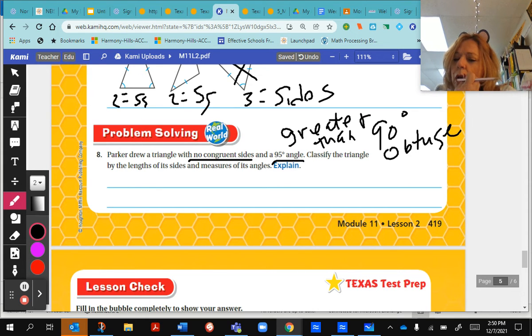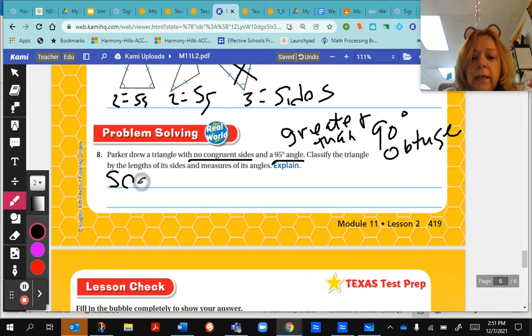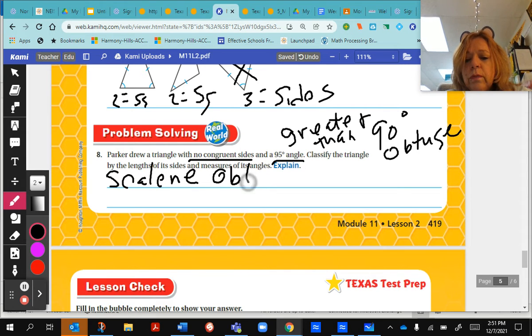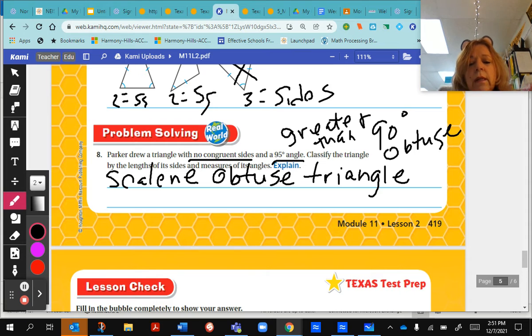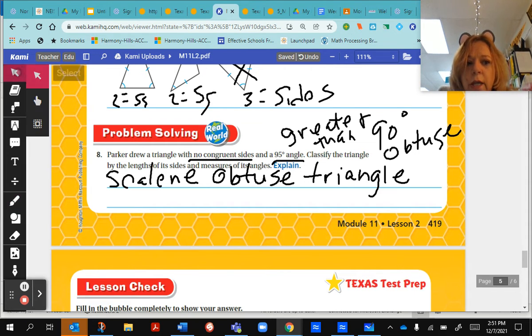Classify the triangle by the lengths of its sides and its measure of angles. So here, no congruent sides, it's a scalene obtuse triangle. There you go. My writing is not perfect, so I already know that. So do not comment.